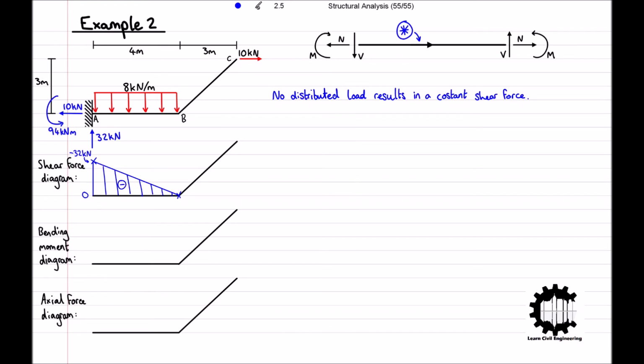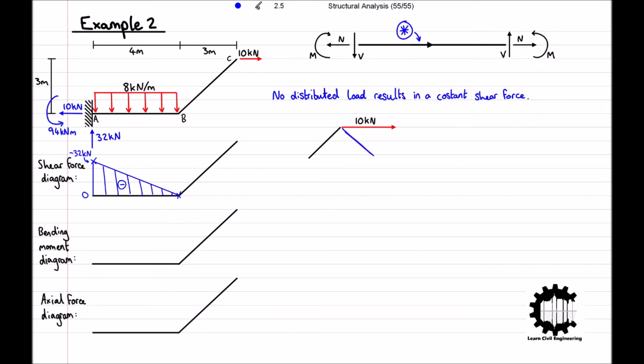Therefore, we need to calculate the component of that force that is acting perpendicularly to the bar, and for this, we will use trigonometry. As bar BC has a horizontal and vertical length of 3 meters, we know that the angle between bar BC and the horizontal plane is 45 degrees.